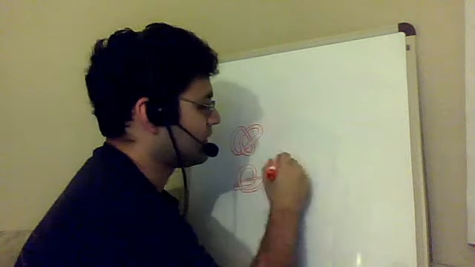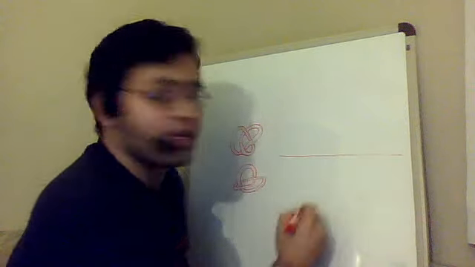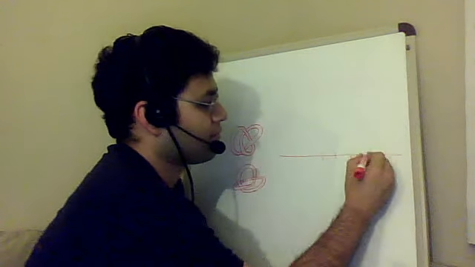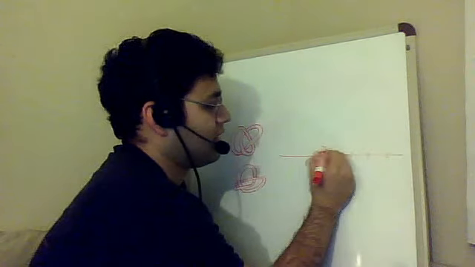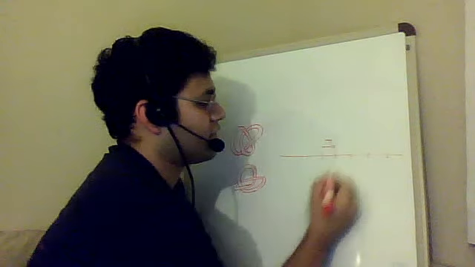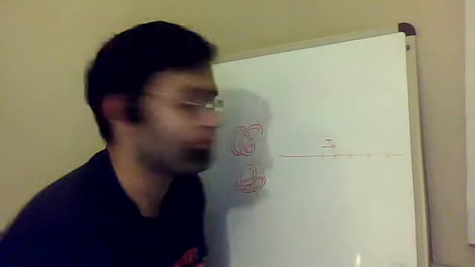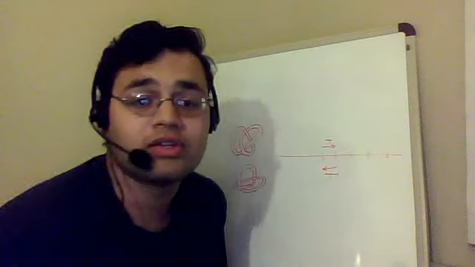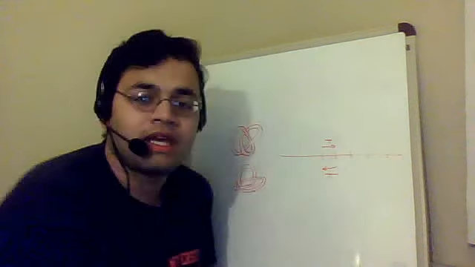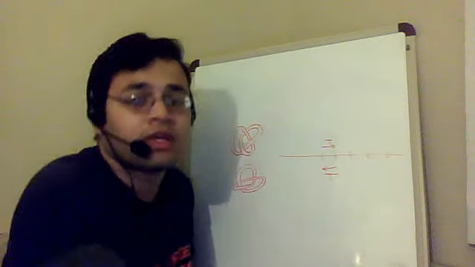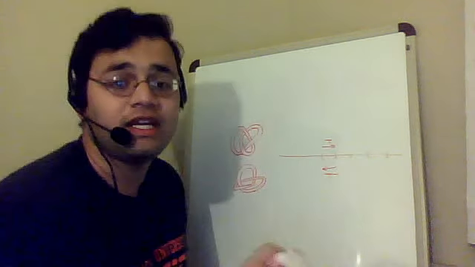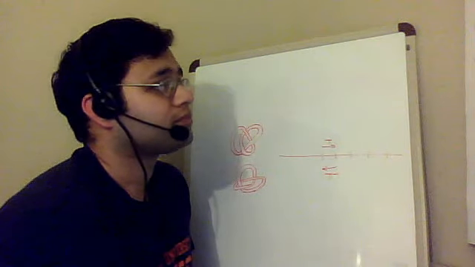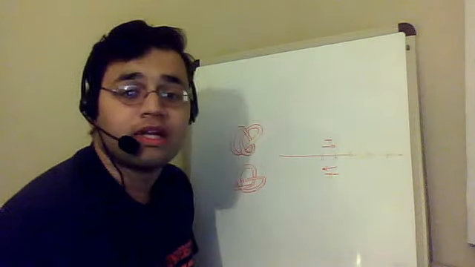You take a line and then you represent it by T being a translation to the right and T inverse being a translation to the left. Now consider this. You take this translation to the right and this translation to the left, and you create what we call an orbit.